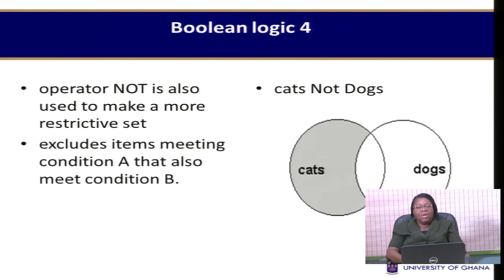You are only looking for cats. If you go to the other circle, we have dogs there, but in your search, you said you want cats, not dogs. So that is how the Boolean logic operates, and it's best represented with the Venn diagram.